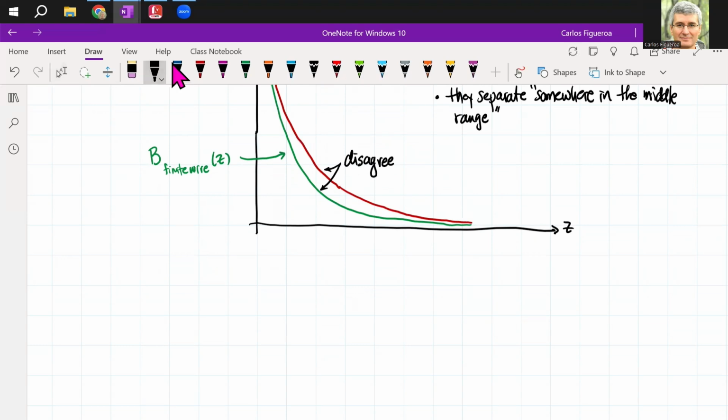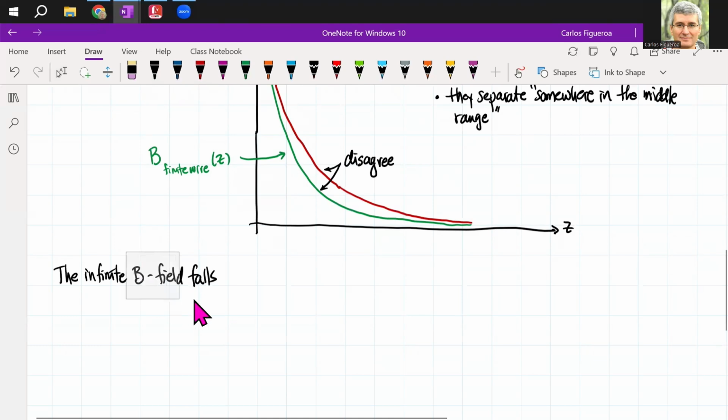So the infinite wire magnetic field falls, I didn't put wire, so I should put wire in here.